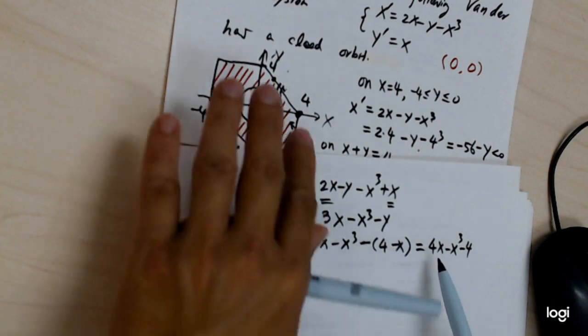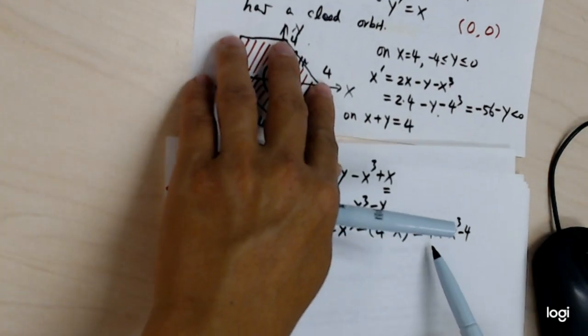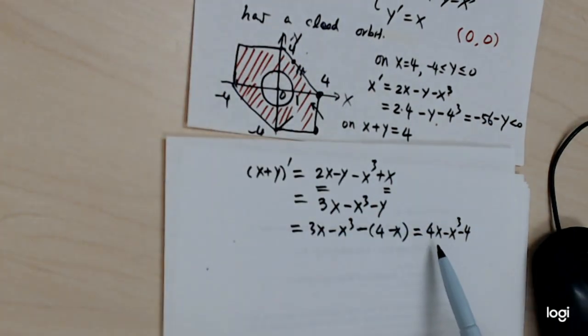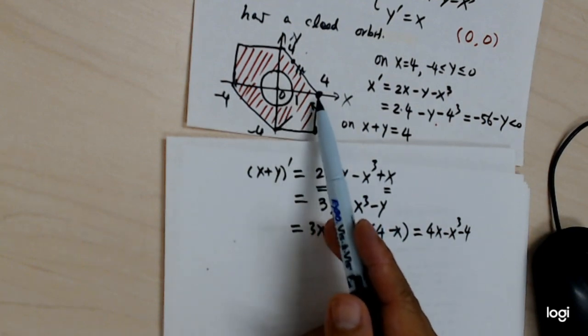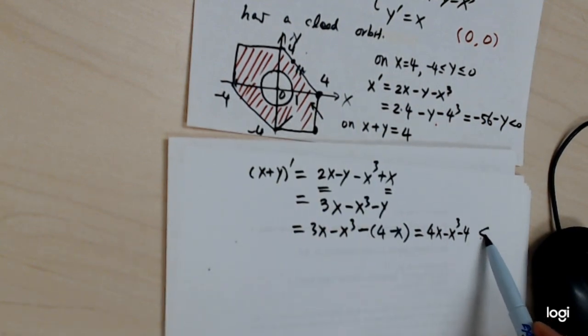I will not do the detailed algebra here, but whenever x is a number between 0 and 4, you can show this is indeed negative. You can try to prove this yourself.